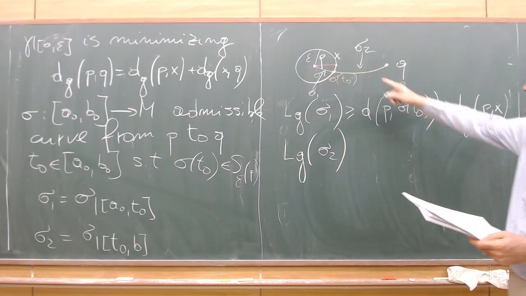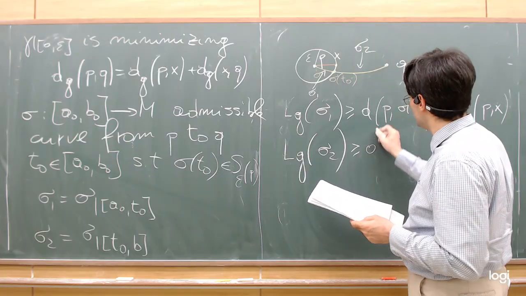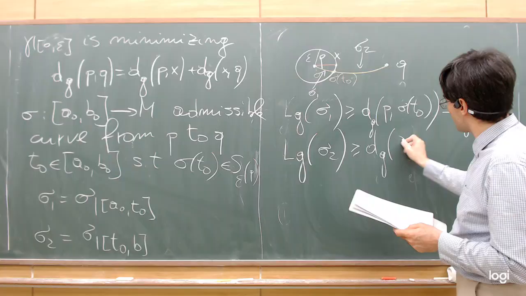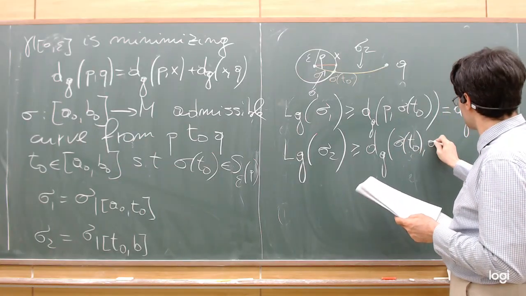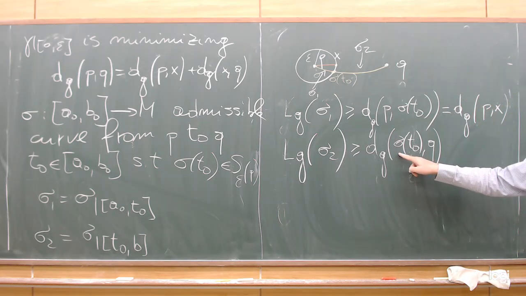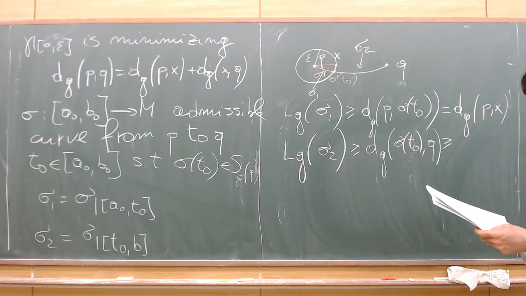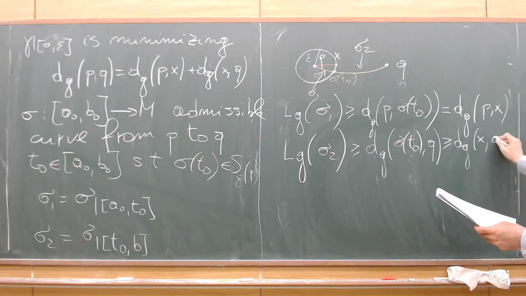The length of sigma 2 is clearly larger or equal than the distance between sigma(t0) and Q, which is larger or equal than the distance from X to Q.